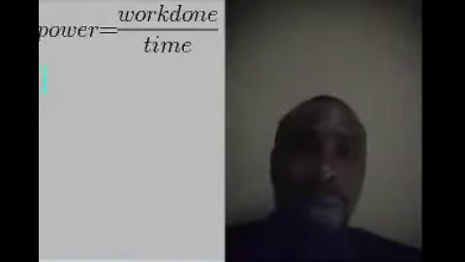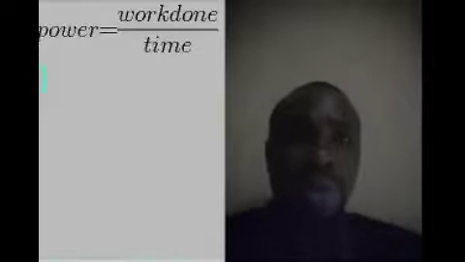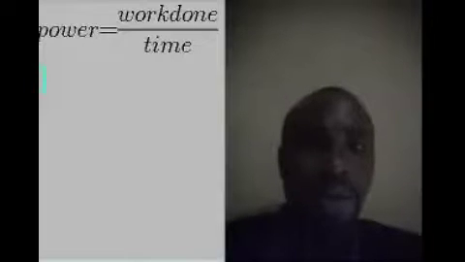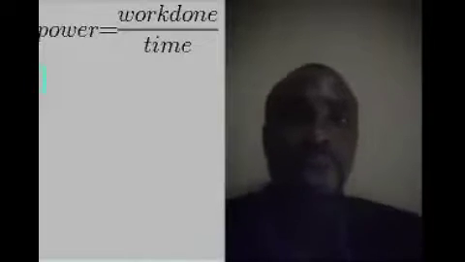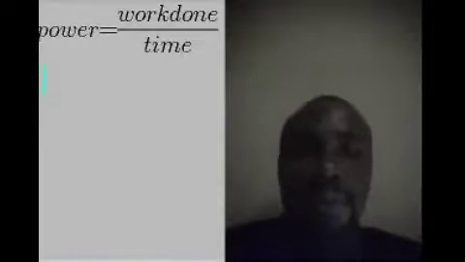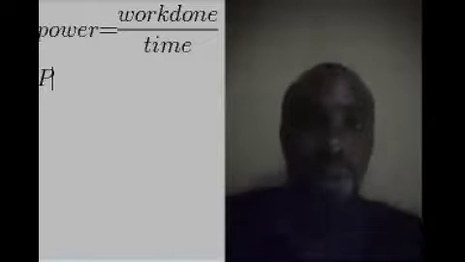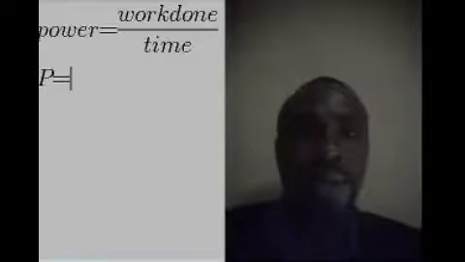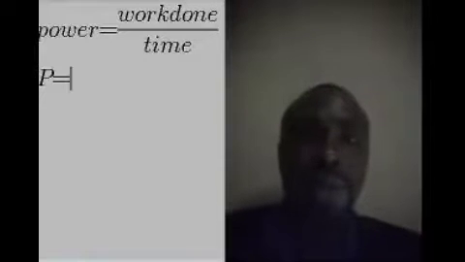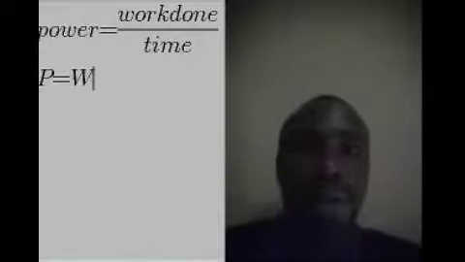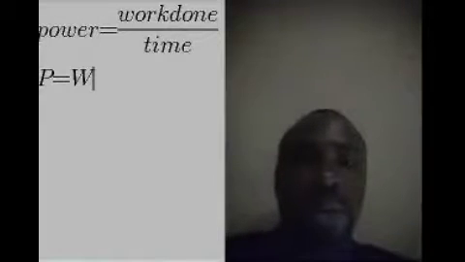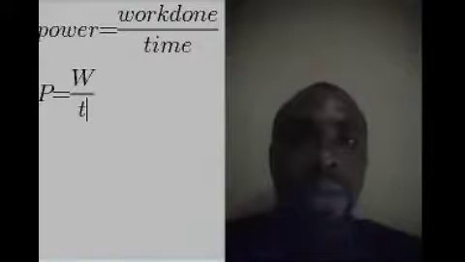Now, just to make things a bit simpler, we might want to use more simplified symbols, right? So we can use P for power, W for work, and T for time.